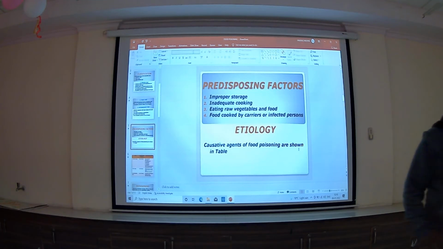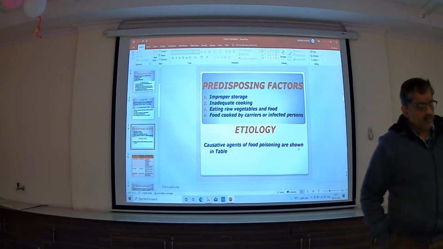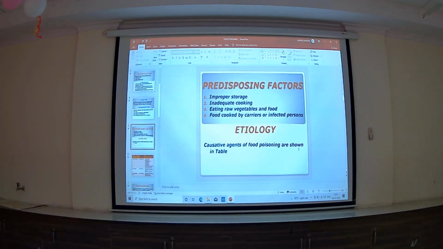Also, if the food is cooked by carriers or infected persons, they also contribute to food poisoning.